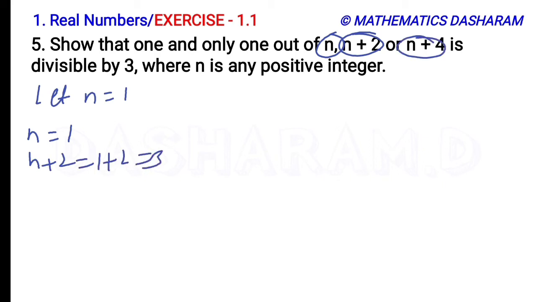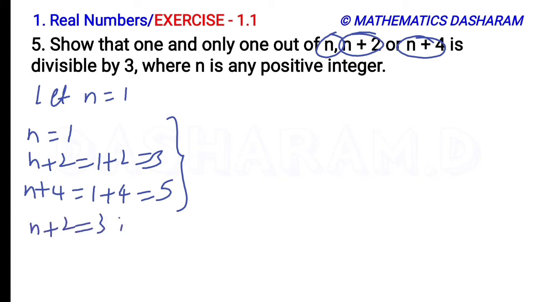Third number is n plus 4, so 1 plus 4 equals 5. Out of these three numbers, n plus 2 equals 3 is divisible by 3, because 3 is divided by 3.